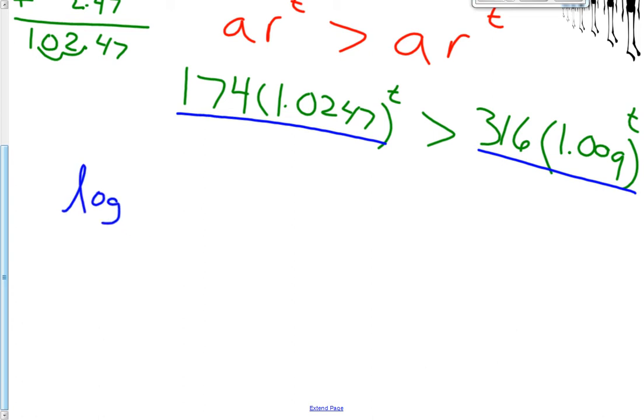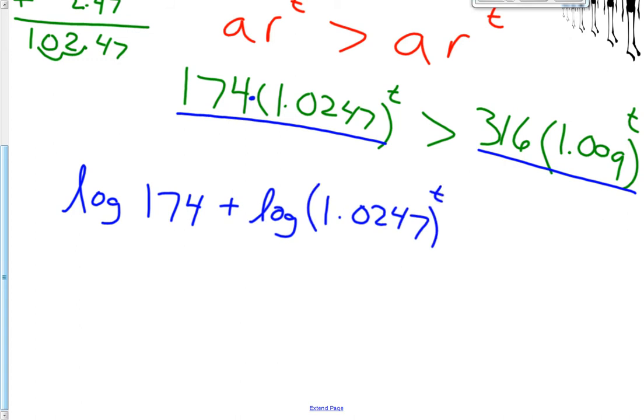and then because this is multiplied, I can expand the logs by adding the log of 1.0247 raised to the t. This is a product, but I can expand the logs with the same log base 10, with an addition sign in between.